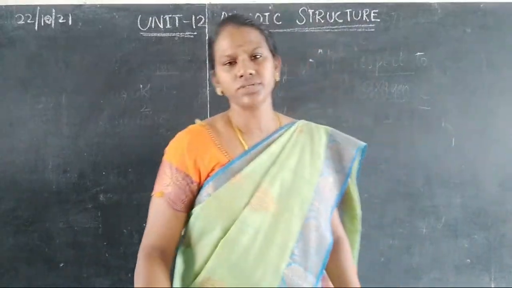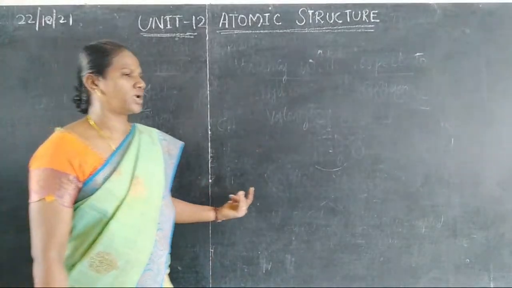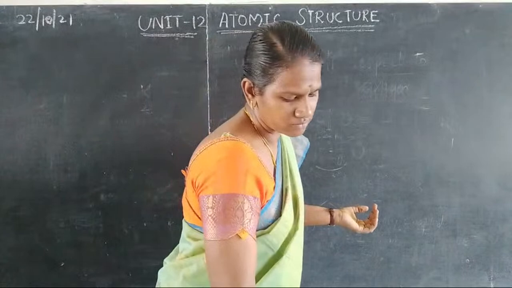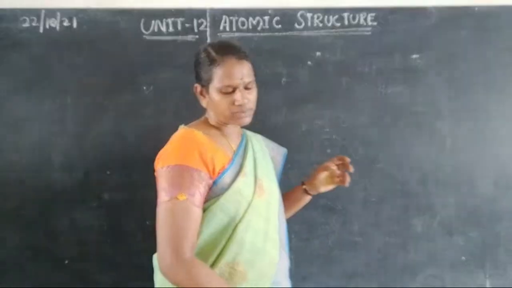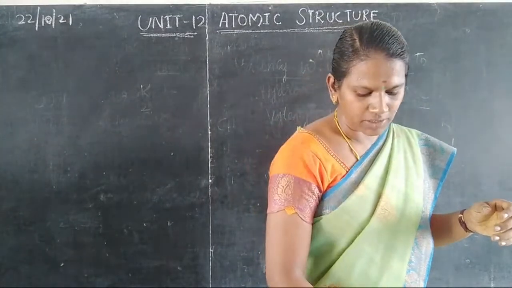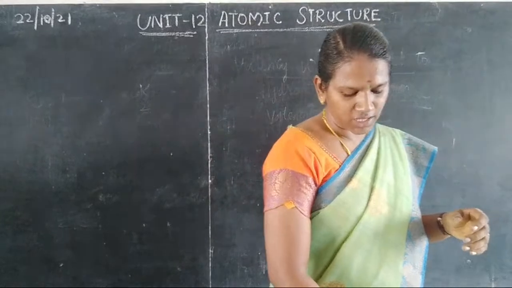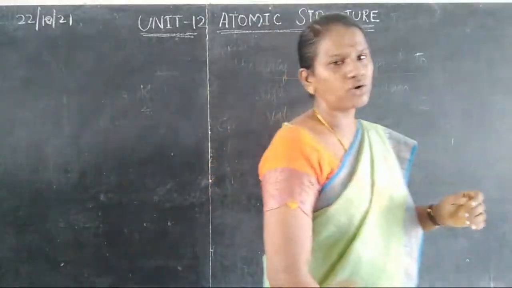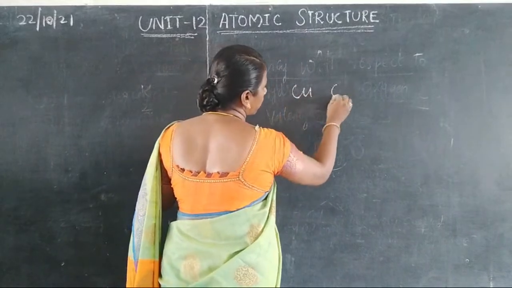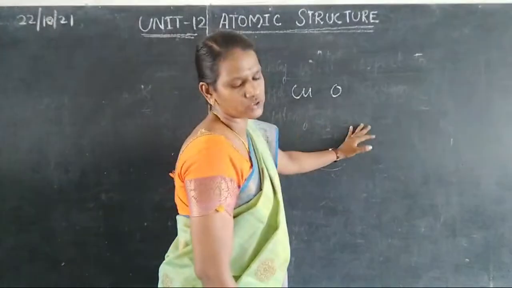We will explain with an example. Copper combines with oxygen and forms two products, namely cuprous oxide and cupric oxide.